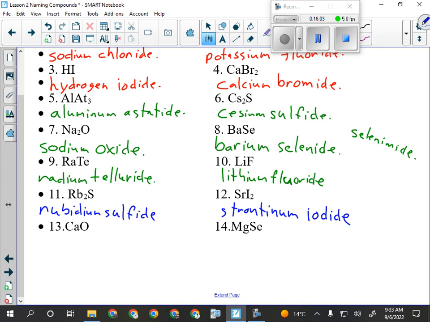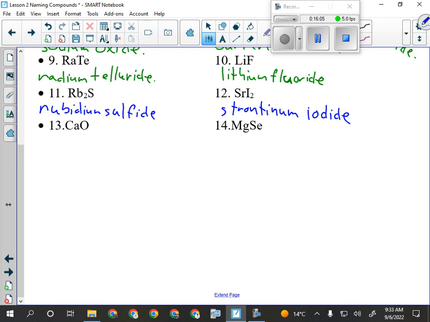Okay, for number 13, Ca stands for calcium, so we write the metal unchanged, it's with oxygen, oxide. Okay, and for 14, Mg stands for magnesium, metal unchanged, and it's with selenium, so it's magnesium selenide. Okay, questions on that?